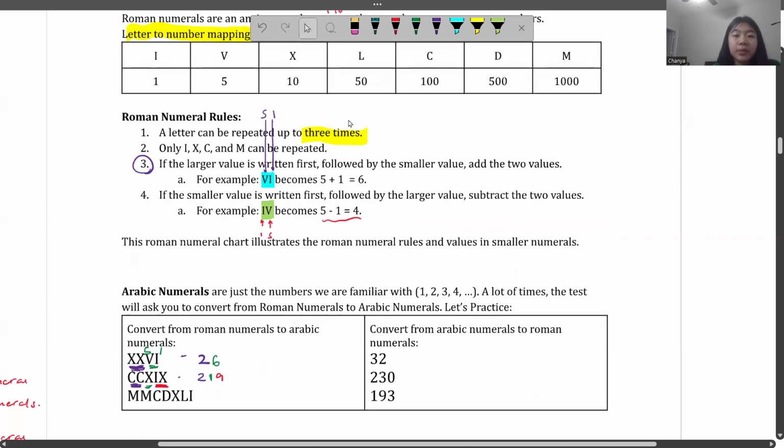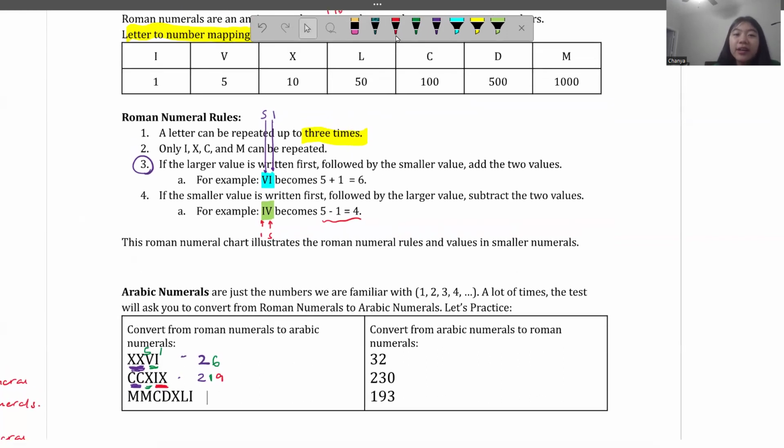So now for the last one, which is a bit of a challenge. Let's work it step by step. Firstly, notice MM. M is 1,000, so 2 M's would mean 2,000. So it's 2,000 something. What do we have next?